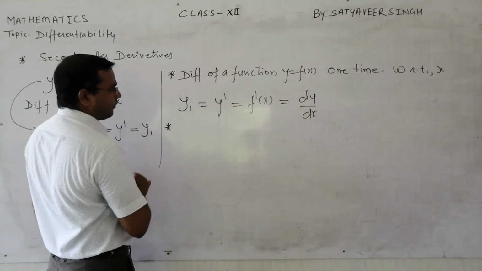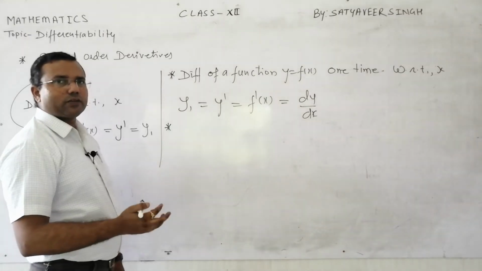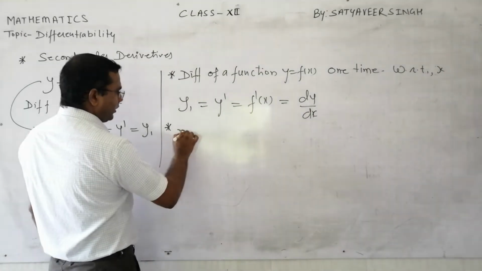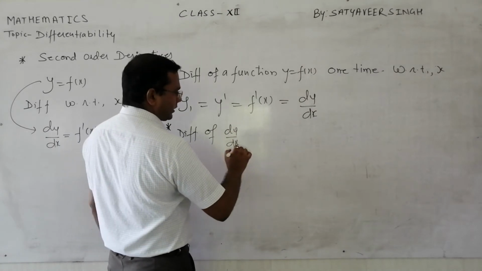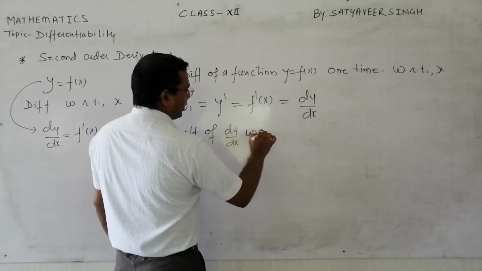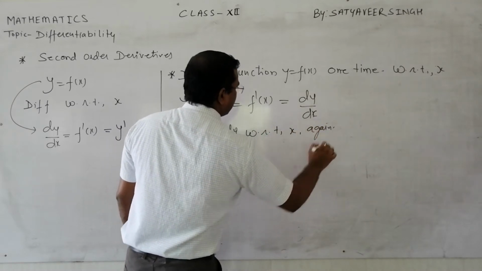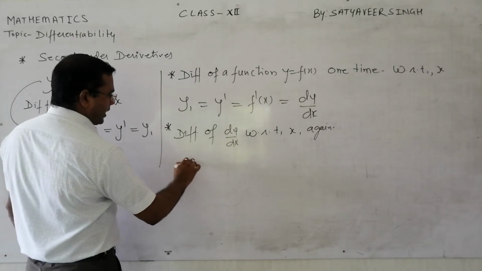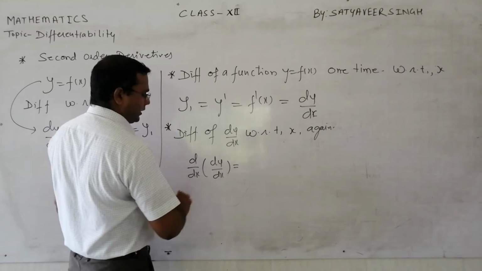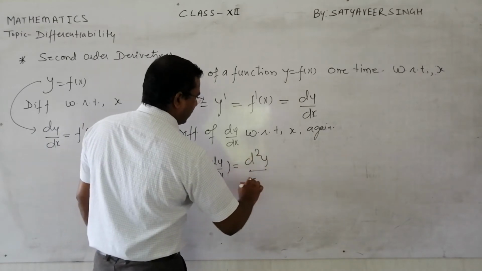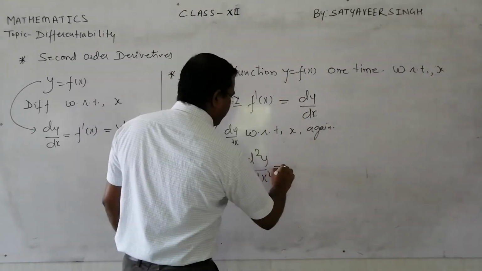If suppose you differentiate dy by dx with respect to x one more time, then we find d upon dx of dy by dx, which we call d2y by dx square.